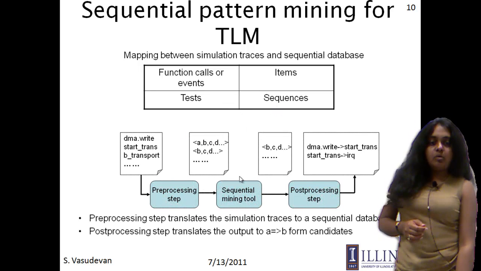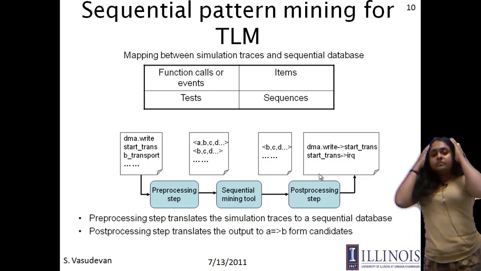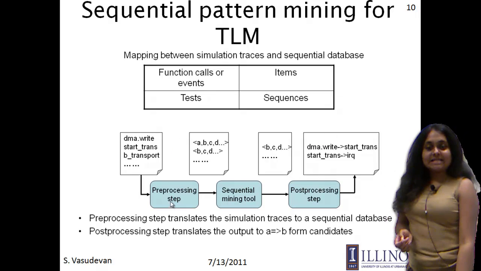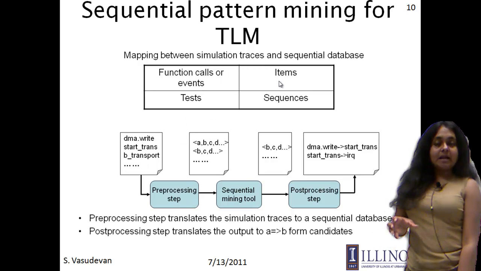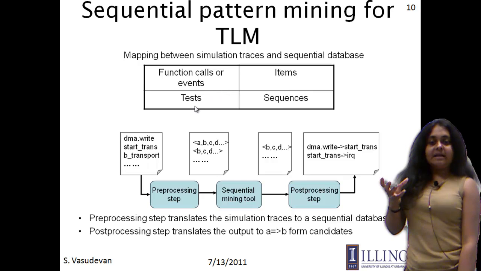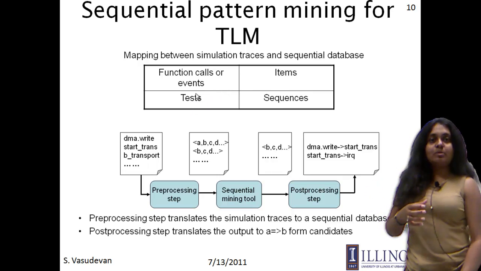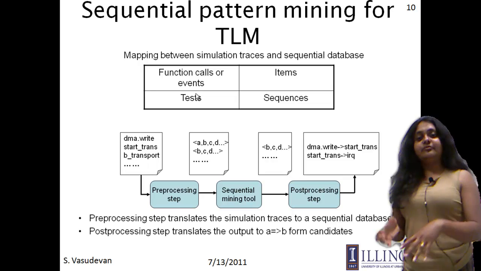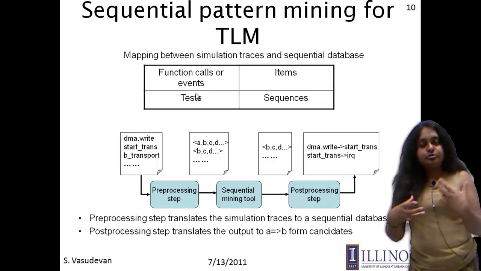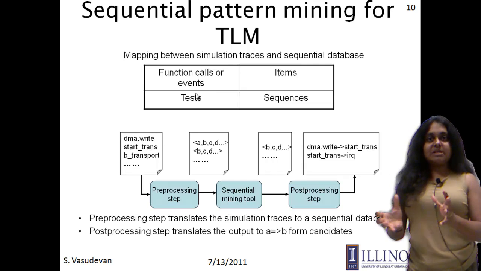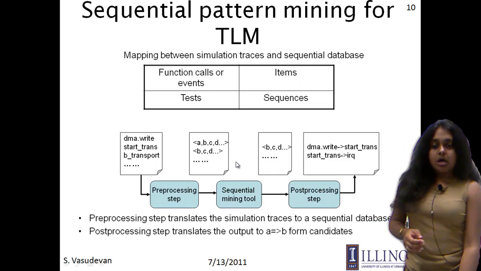Okay, so now if you look at our flow, there is a pre-processing step that takes the function calls or events and converts them into items, and takes these tests and converts them into sequences in a digestible format for the sequential pattern mining algorithm to determine subsequences of interest.